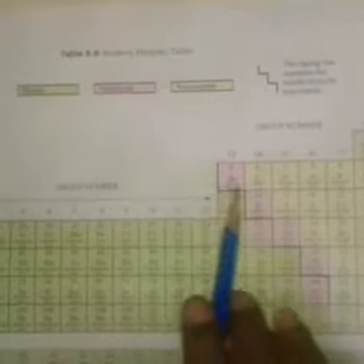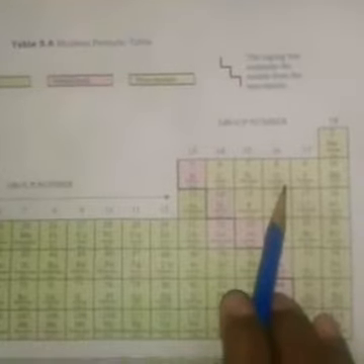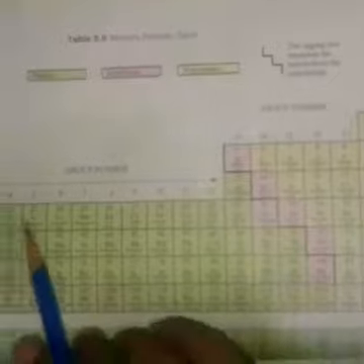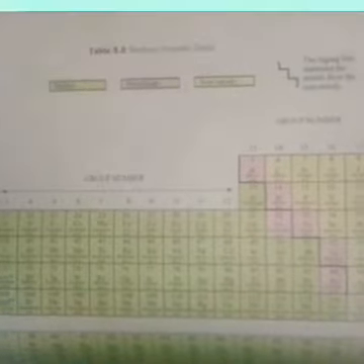But the number of shells is not increasing. Shell number will be the same. Okay, so second period means shell number will not increase. It will be having 2 shells. Understood? So these are the common techniques you want to study to determine the position of elements.